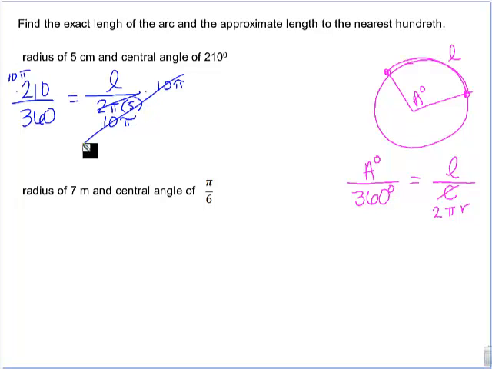So those cancel. Now you have 210 over 360, which you can simplify down using your fraction button if you want to. Then you'd have to times it by 10, because we want it exact, and you're going to write it as an improper fraction. So what would that be as an improper? 10 times 210 over 360.